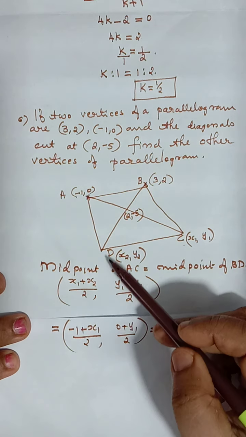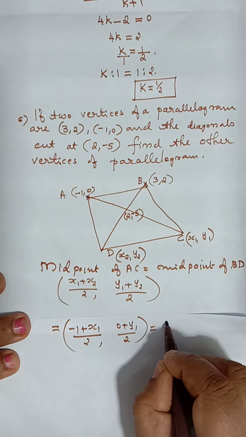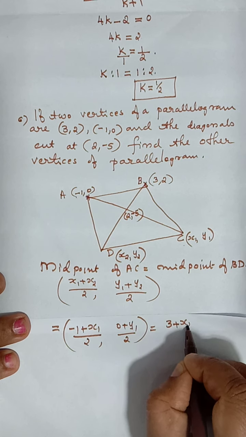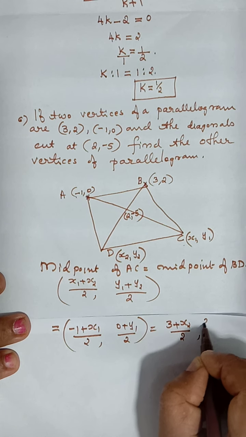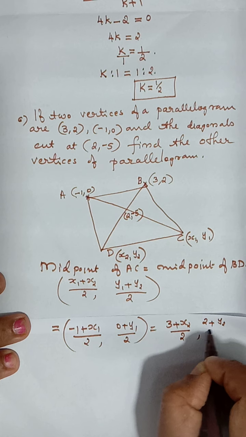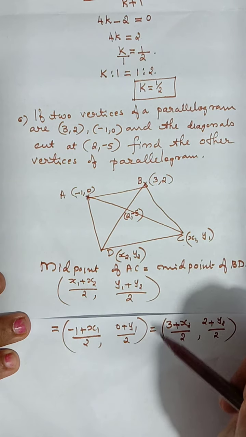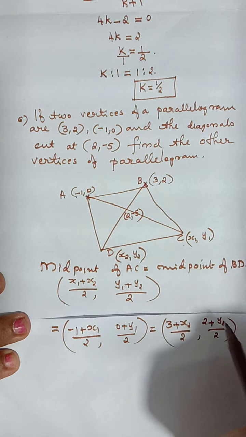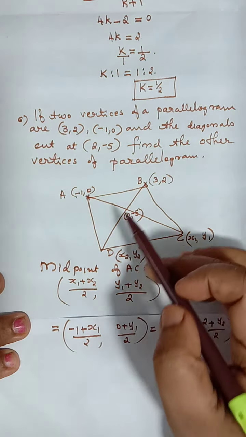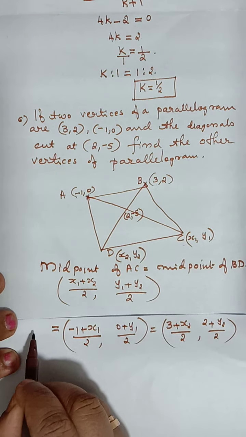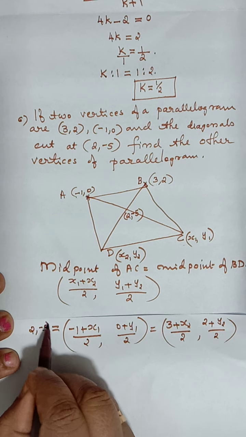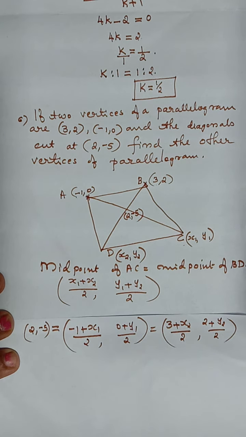For BD, the midpoint formula gives ((3 + x2)/2, (2 + y2)/2). This is how we get it. And both of these have the same midpoint, which is (2, -5).